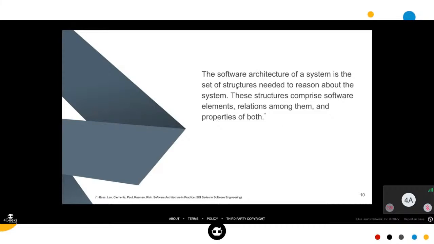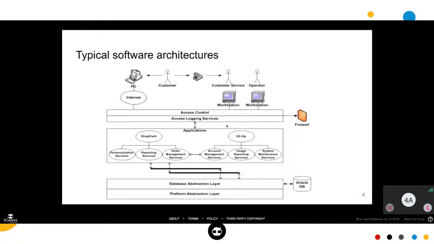So we have elements, relations among them, and properties. If you go back to any of the architectures I showed you, we have elements and relations.